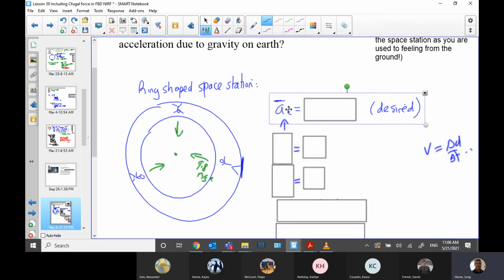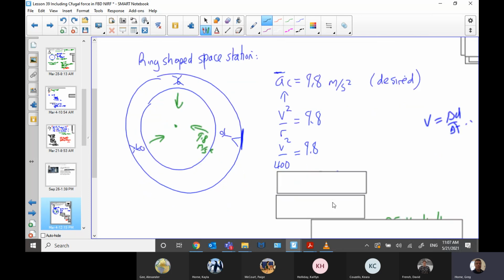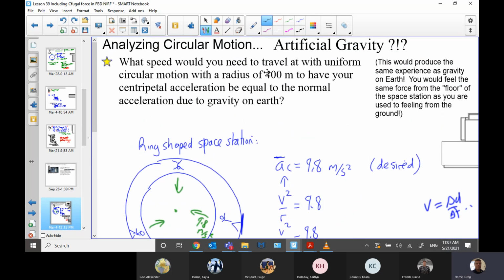All right. So the math of this: we know centripetal acceleration, we want it to be 9.8. We know the formula is v squared over r, right? So v squared over r would equal 9.8. We said we wanted a radius of 400. I hope you're seeing that this isn't as complicated as it might have seemed looking at the introductory question on the page, saying what speed would you have to have?